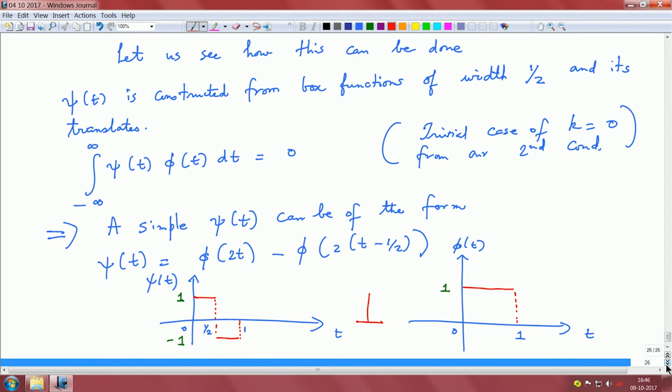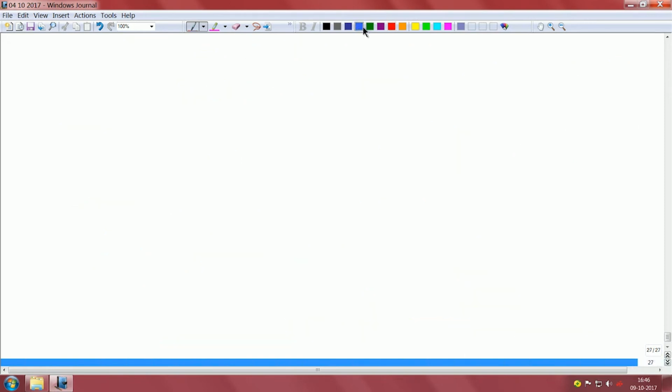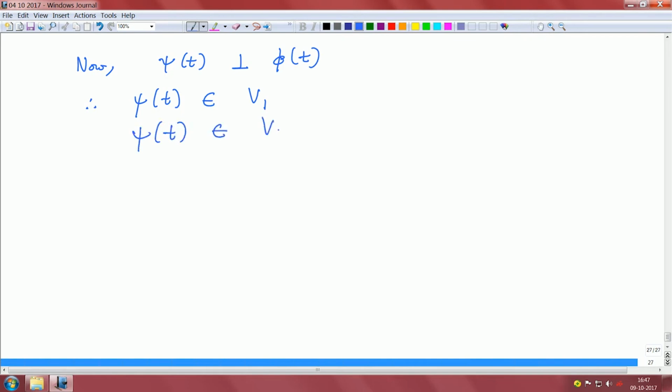Now, what this means, psi of t is orthogonal to phi of t. Therefore, psi of t belongs to the space V1 and psi of t belongs to V0, right.